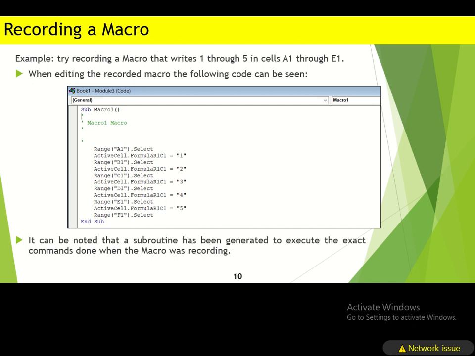A set of these instructions is known as a subroutine. So every macro has a subroutine behind it, a set of instructions which Excel performs when you run the macro again.